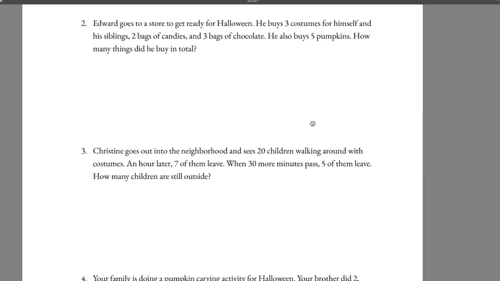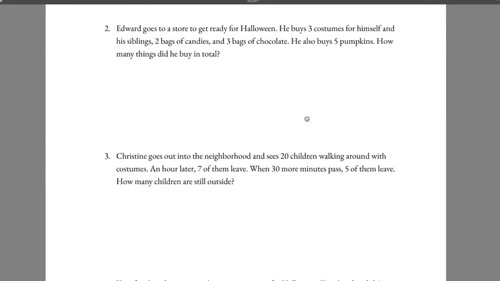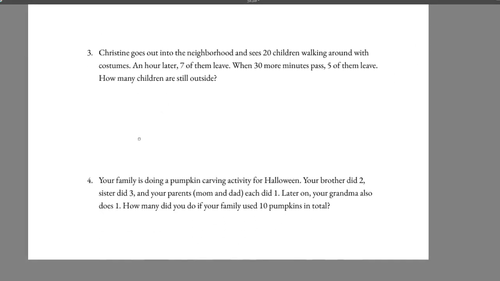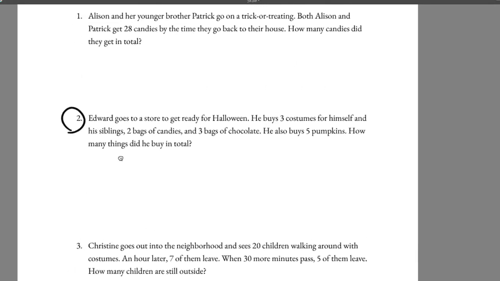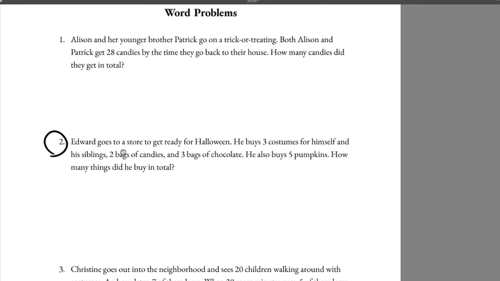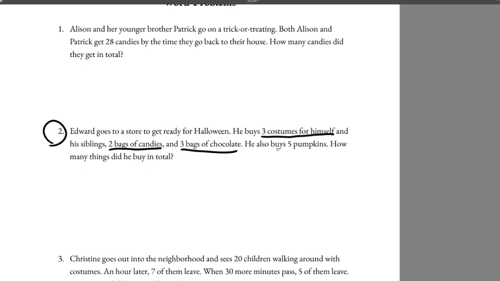Now page 4 is on word problems. Let's do 2 and 4. Edward goes to a store to get ready for Halloween. He buys 3 costumes for himself and his siblings, 2 bags of candies, and 3 bags of chocolate. He also buys 5 pumpkins. How many things did he buy in total?